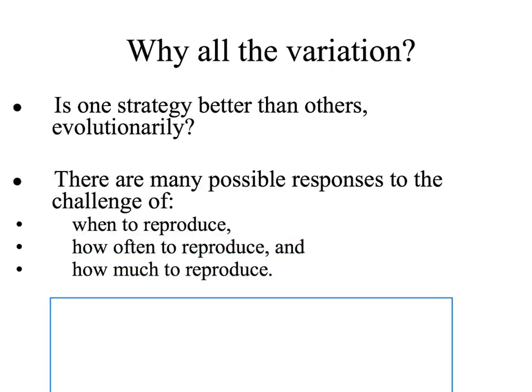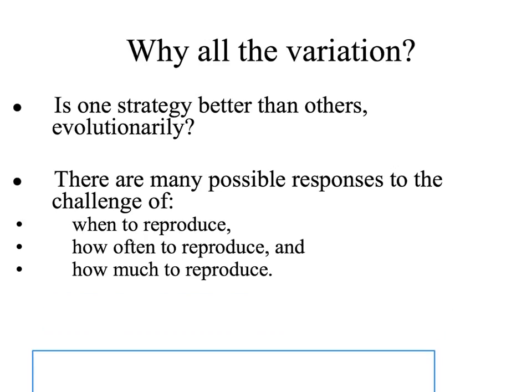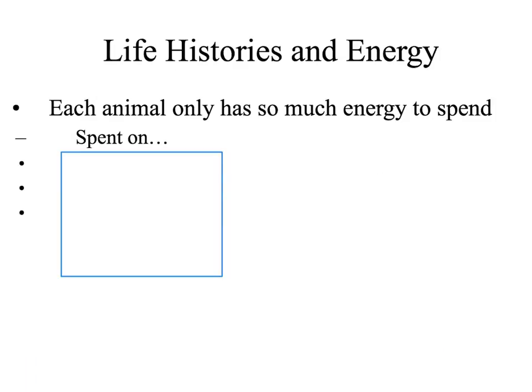So there are many possible responses to the challenge of when to reproduce, how often to reproduce, and how much to reproduce. So we're going to investigate some of the major strategies that are seen in nature. Life histories have to do with division of energy and trade-offs in an organism's life. Each animal has only so much energy to spend during its lifetime.